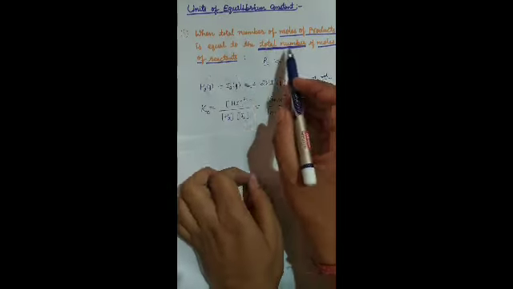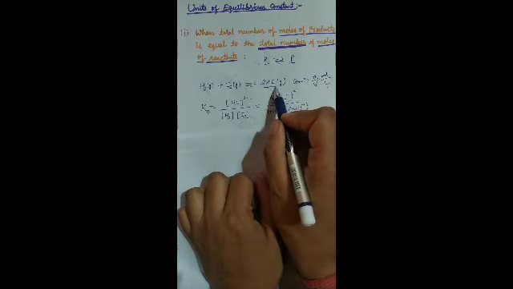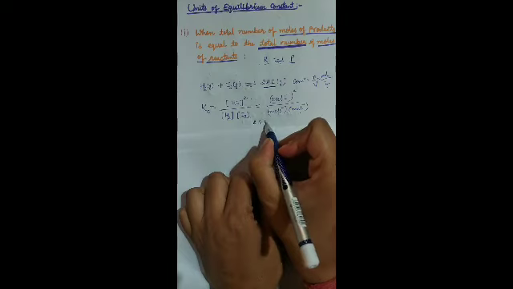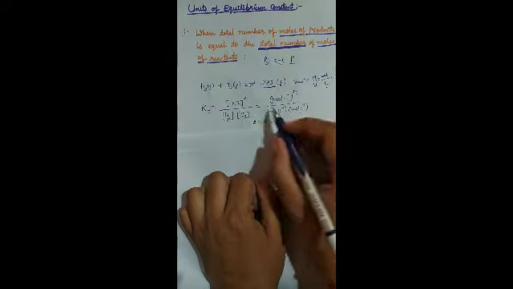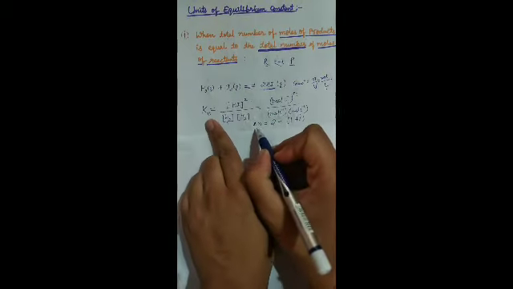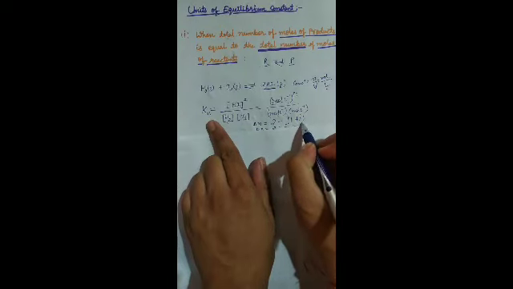As we can see here, the number of moles of the products is 2. For this, we have to calculate the value of delta N. The number of moles of the products is 2 minus the number of moles of the reactants, 1 of H2 and 1 of I2. So delta N comes to be 2 minus 2, which is 0.